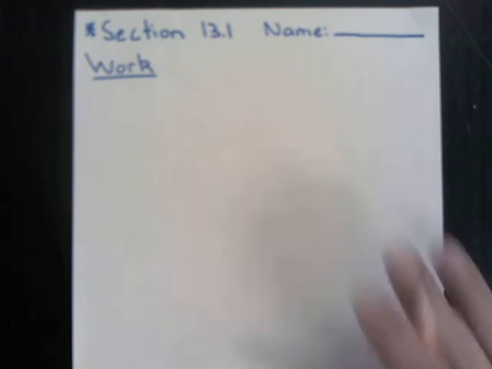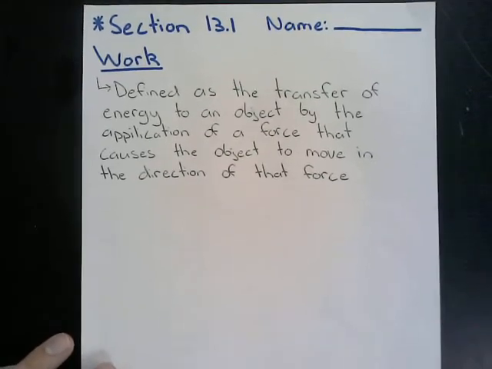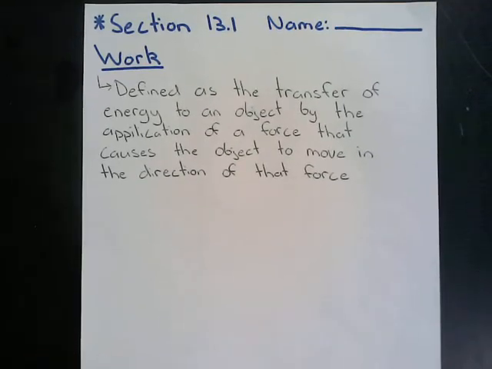So let's start out with the definition that we have for work. Work is defined as the transfer of energy to an object by the application of a force that causes the object to move in the direction of that force. Now, work can be calculated by multiplying the force by the distance over which that force is applied.